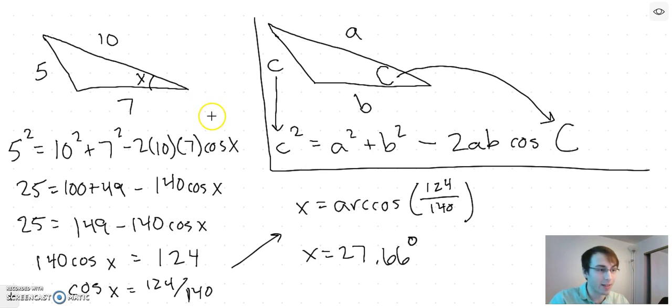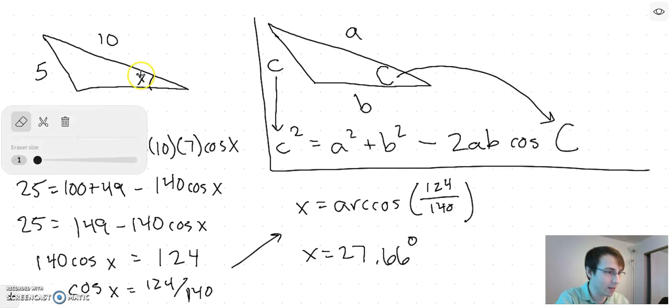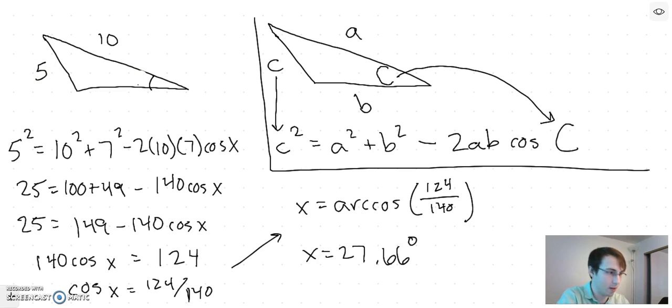Now, if you wanted to find a side, say that we didn't know what this was, but say we knew that the angle was 27.66 degrees.